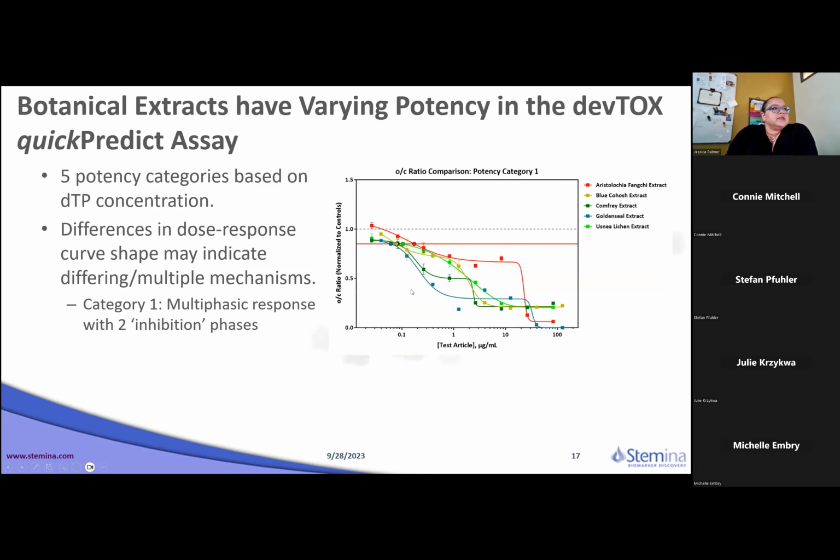So as I mentioned, not only are these compounds grouping together based on the concentration where they're causing an effect in the assay, but they're also causing different types of effects, which really could indicate different or multiple mechanisms being involved in how the extracts are impacting the cells. In category 1, the most potent group, there are a number of extracts causing a biphasic response, where you have 2 inhibitory phases.